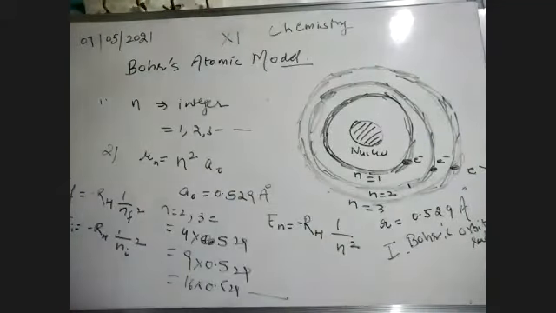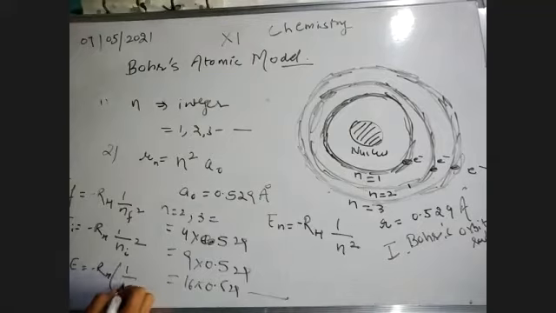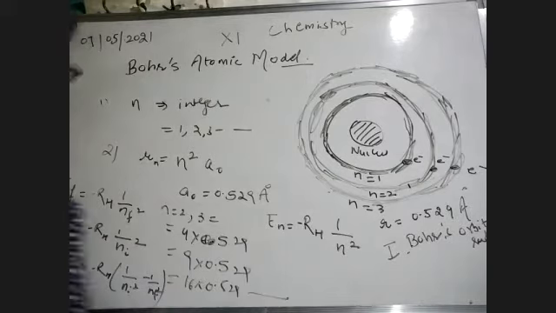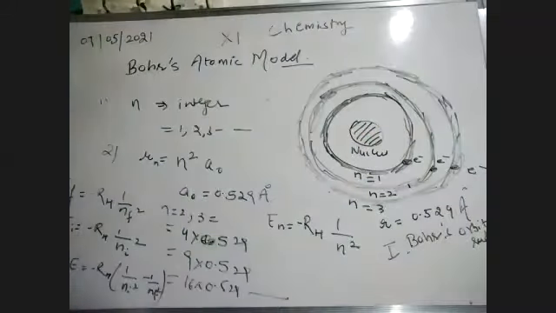Now, if we differentiate these two terms, that is, take the difference of the energies, we get delta E equals minus RH times 1 over n initial square minus 1 over nf square. Have I written something wrong or not? No, it's true.